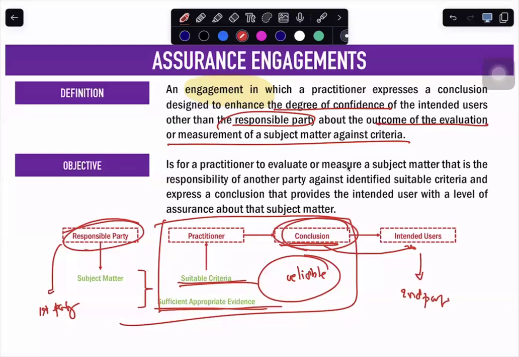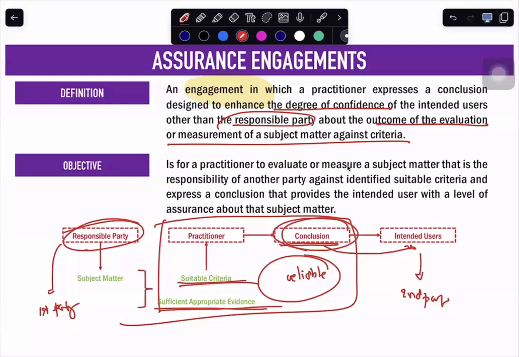Ulitin natin. Sabi natin kanina dun sa assurance, may first party, may second party. And then, nagbibigay kasi ng assertion tong si first party kay second party. Ngayon, to check the reliability, meron tayong tinatawag na practitioner. So doon kinuha yung concept or the definition for an assurance engagement. You have a responsible party who provides a subject matter, and then the intended user will make use of that subject matter.